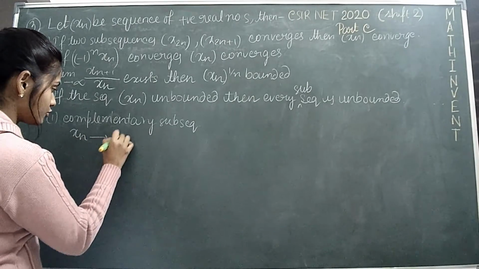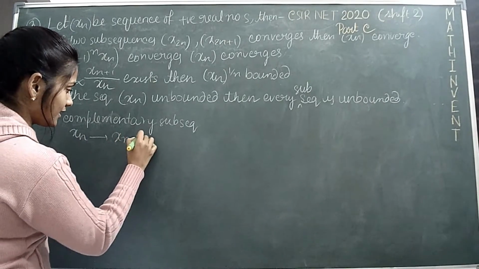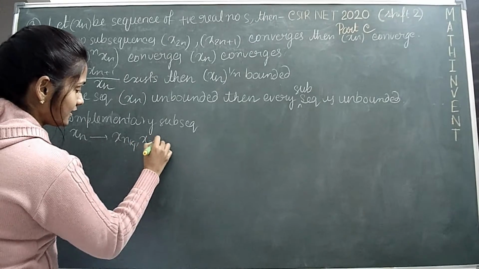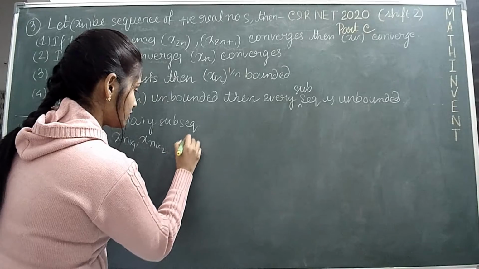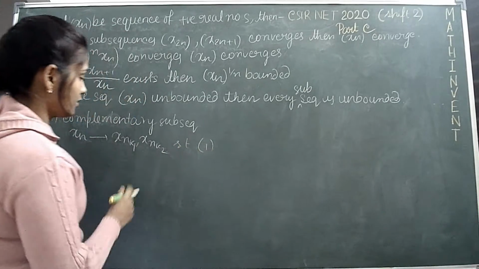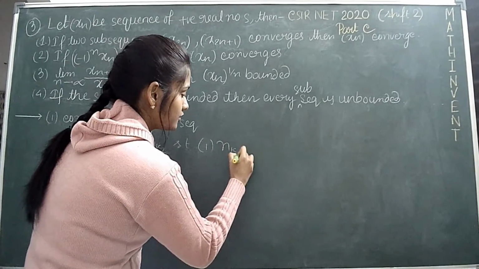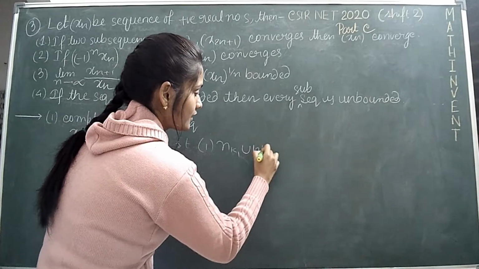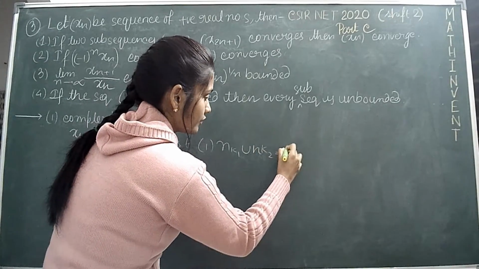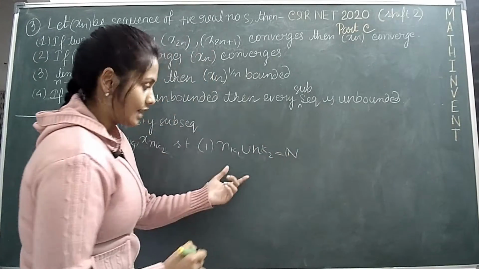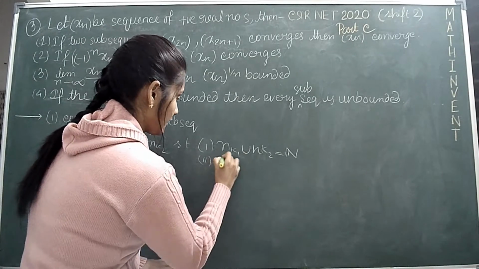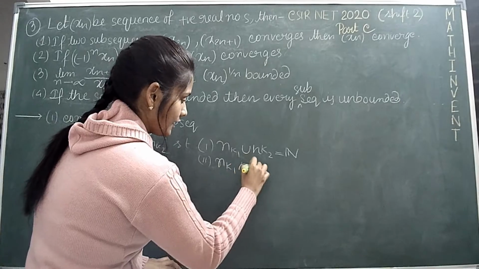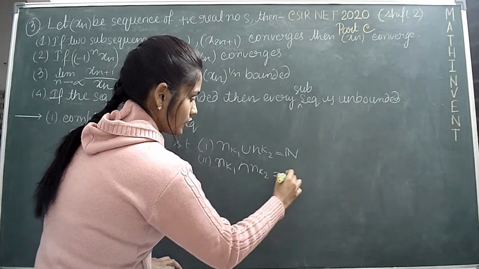If it has two subsequences xnk1 and xnk2 such that condition 1, nk1 union nk2 gives the whole natural numbers, and 2, nk1 intersection nk2 equals the empty set.